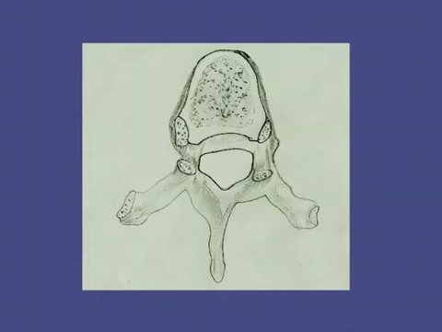That is the reason for the typical kyphotic curvature in the thoracic region. And on the transverse process, you can see there is a costotubercular facet, which is the facet for the ribs.